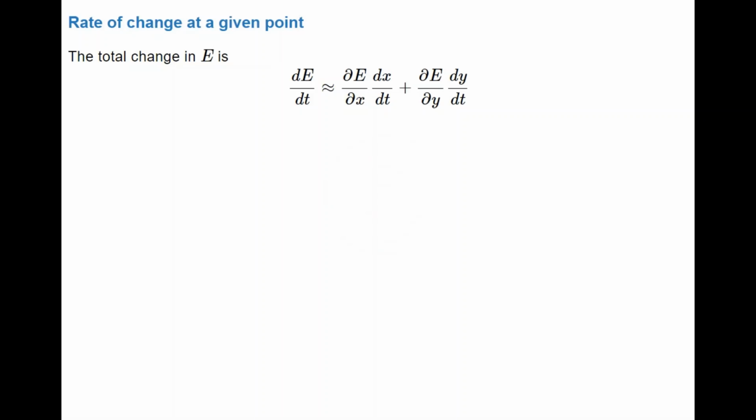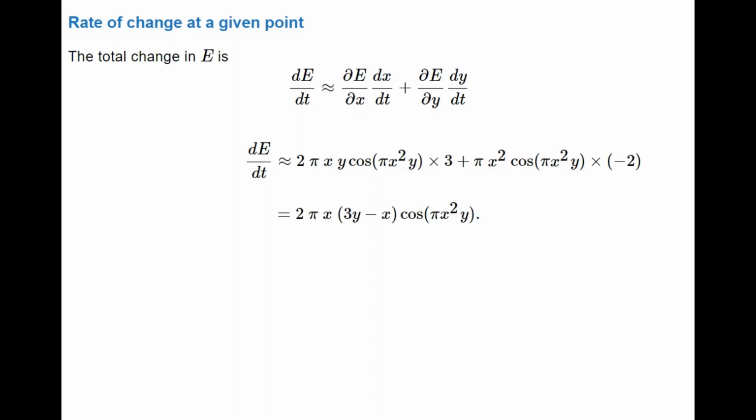So this change in energy is nearly equal to the value of partial E by partial x, which is 2 pi x y cos of pi x squared y, times dx/dt, of course, which is 3. And then in addition, we have the element of partial E by partial y times dy/dt.